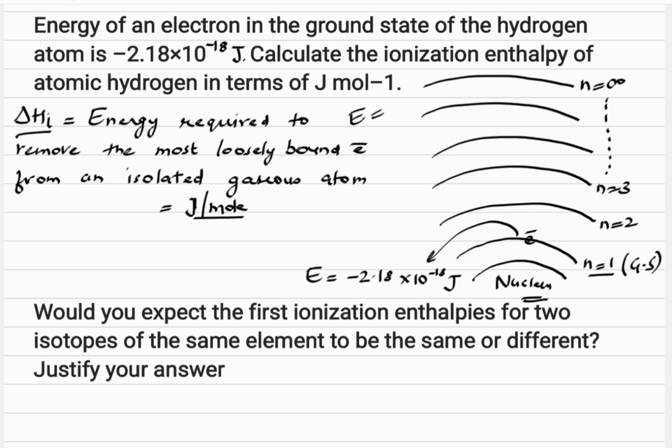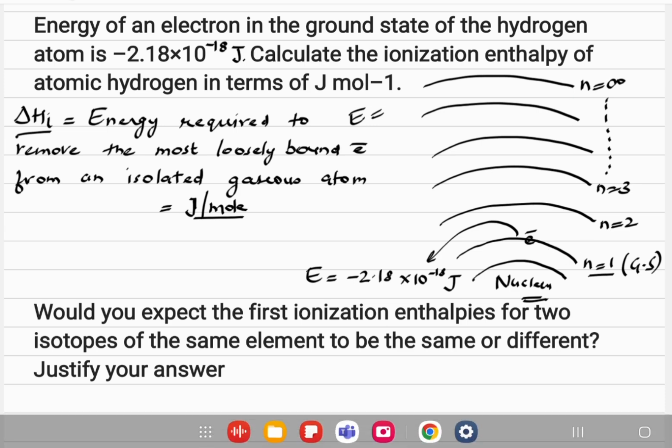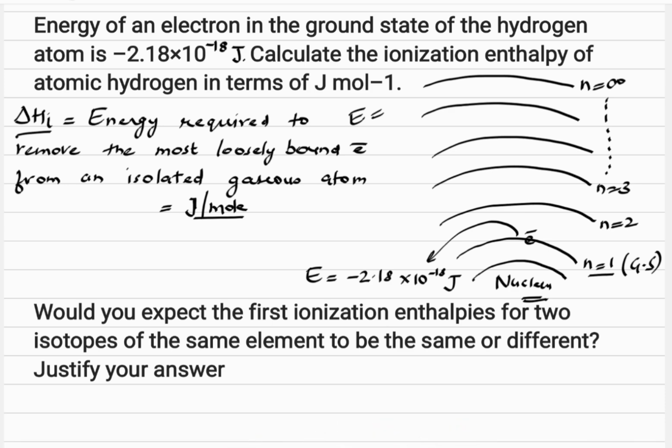For 1 mole of atoms, we measure ionization enthalpy. So in the hydrogen atom, when the electron in the ground state needs to be removed, it needs to go from n equals 1 to n equals infinity. That is what it means to completely remove the electron.